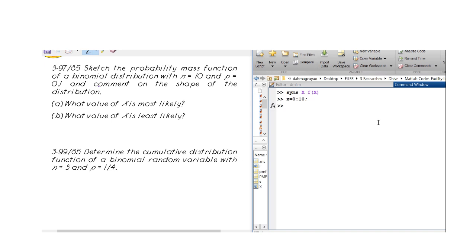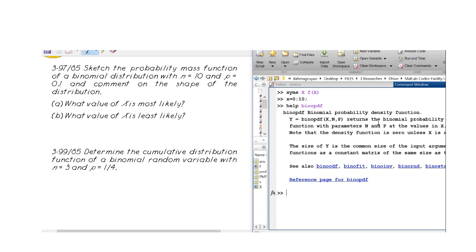Now, for the command, we're going to use the binomial probability density function. So help binopdf. It needs x, n, and p.